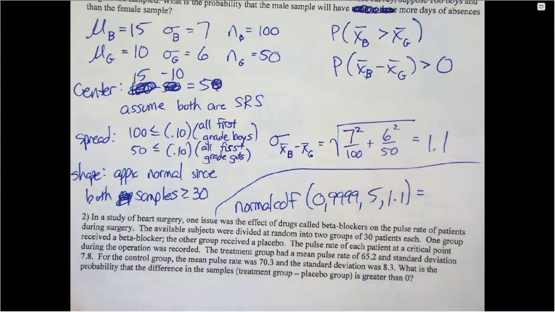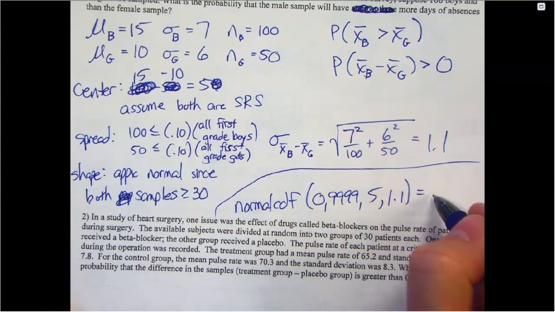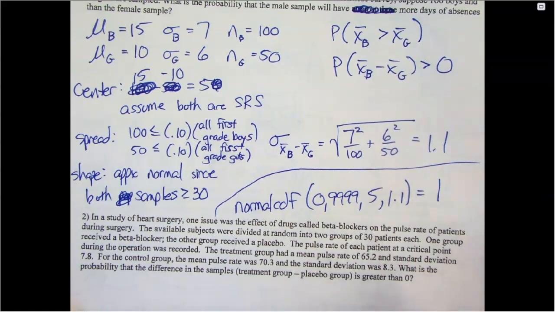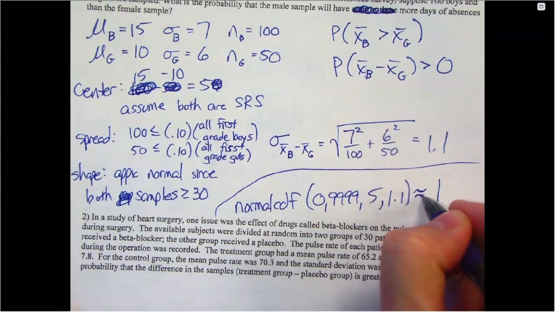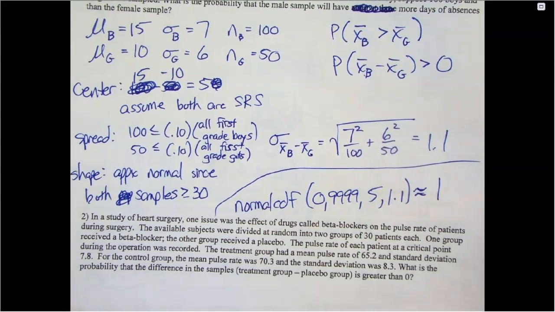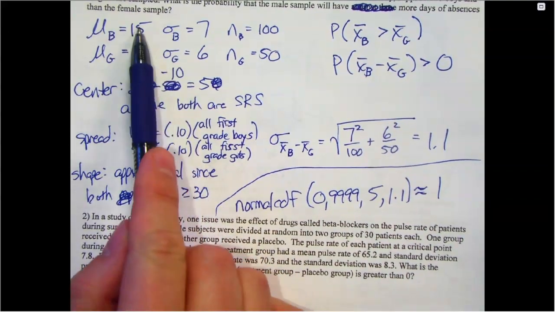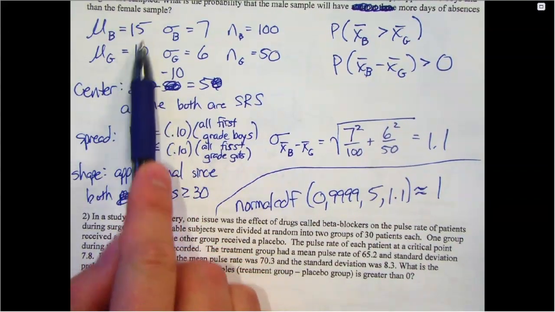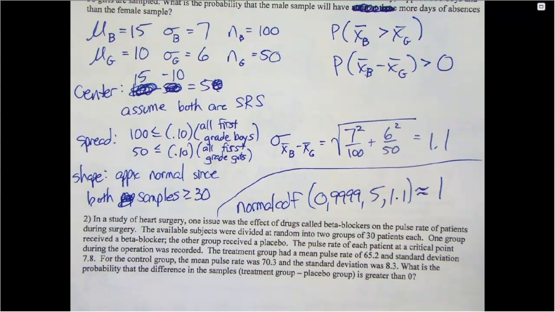You guys get basically 1? Yeah, that's basically 1.9999997. I'll put approximately 1. I mean, that makes sense. Boys have approximately 5 more absences than average, so they're probably almost always going to be graded.